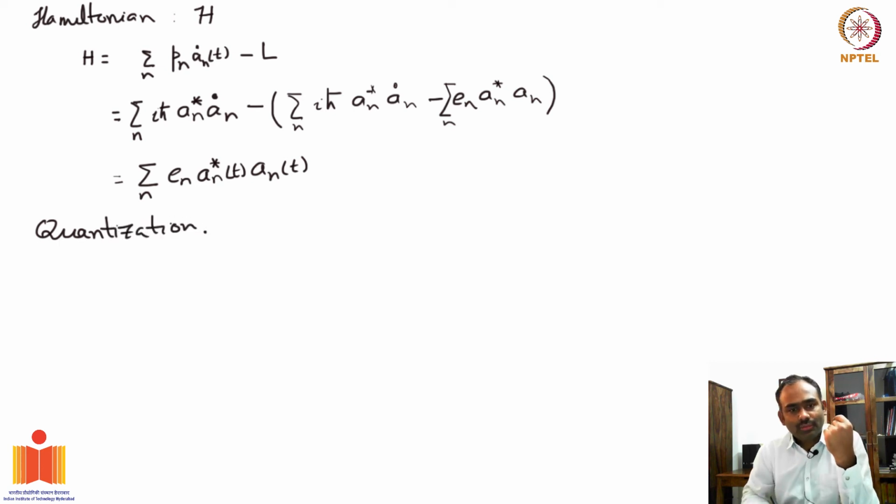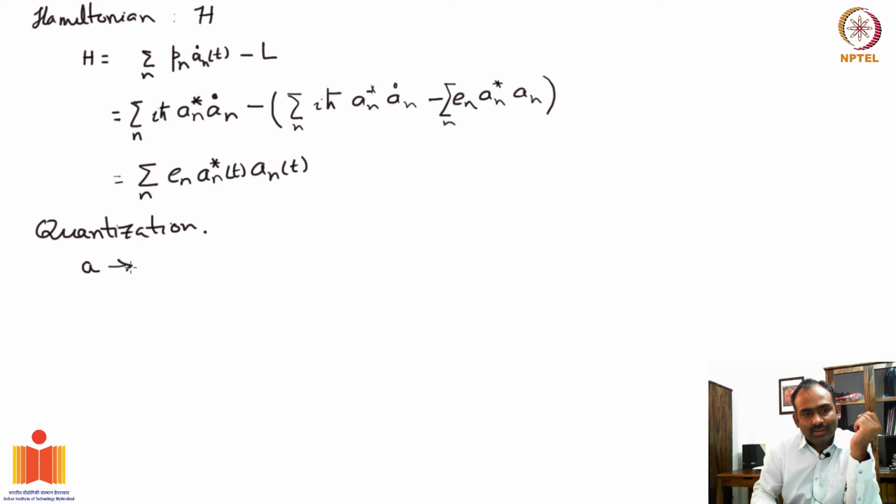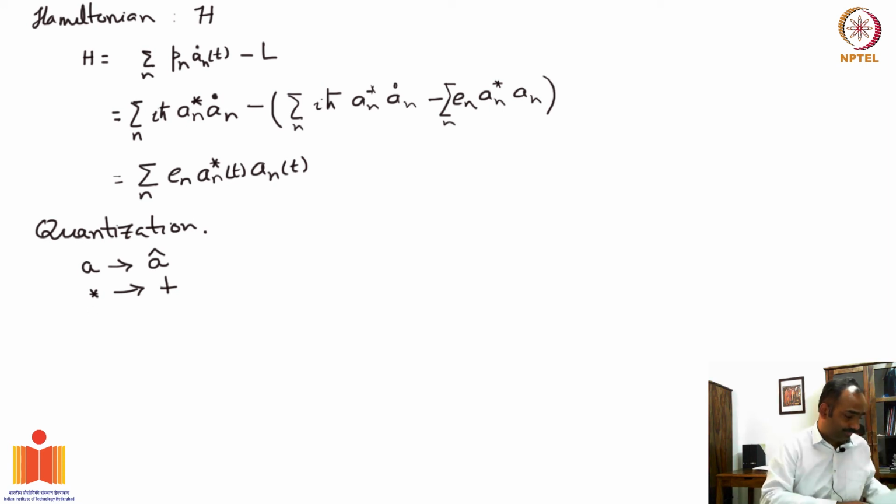And recall what we need to do for quantization. I promote A to an operator, of course, A star, or complex conjugation, to Hermitian conjugate, okay, and that's it. There is nothing more.